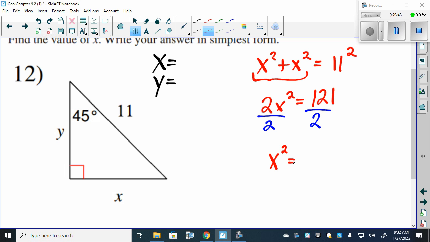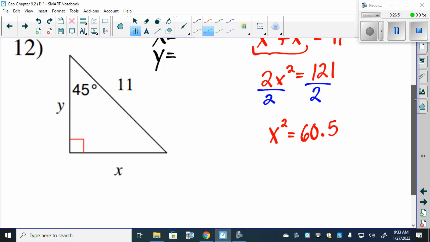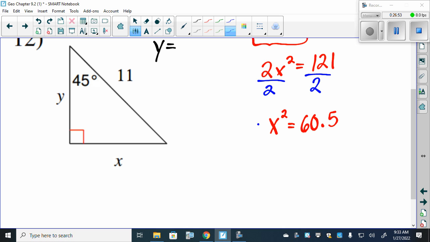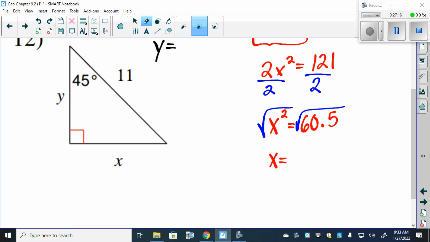Divide by 2, that's 60.5. And if we take the square root of 60.5, hit the 2 arrows and see what it does for approximation. Same thing? Okay. Let's write this a little bit differently, because we can actually have this with a radical.